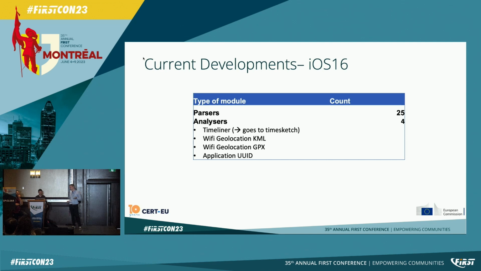We have 2 for Wi-Fi, made by Aaron, to play with geolocation. The idea is to create a KML or GPX file to have an idea about the geolocation of Wi-Fi networks which have been seen by the user. And finally, we have one which is application UUID. It will go through all of the files we parse, try to identify a unique ID for applications, and then build some kind of list which can be used to detect potentially rogue applications.